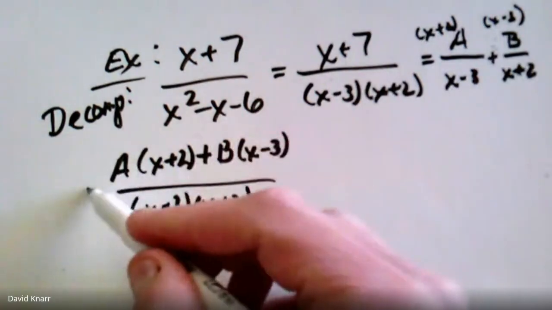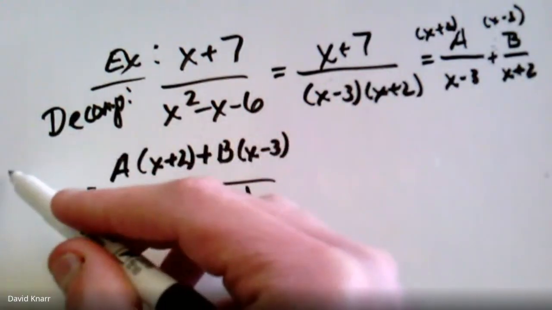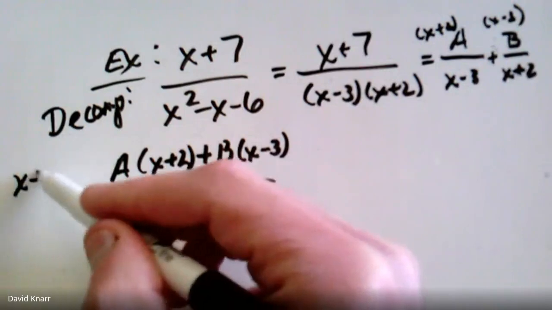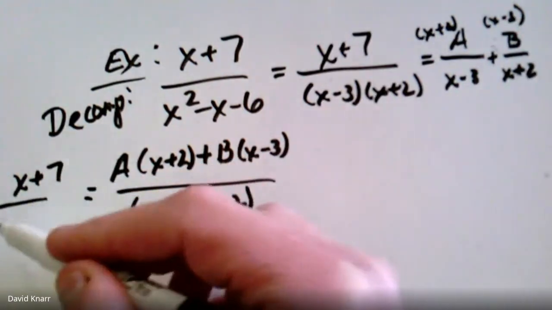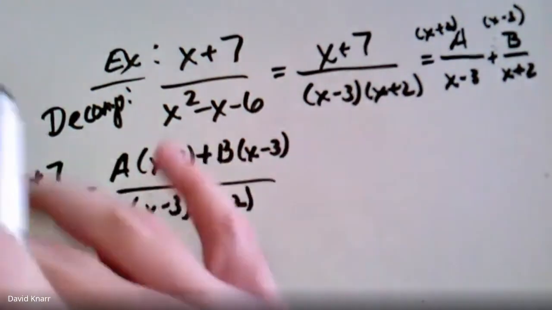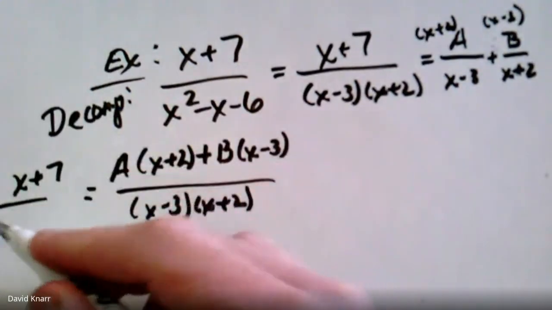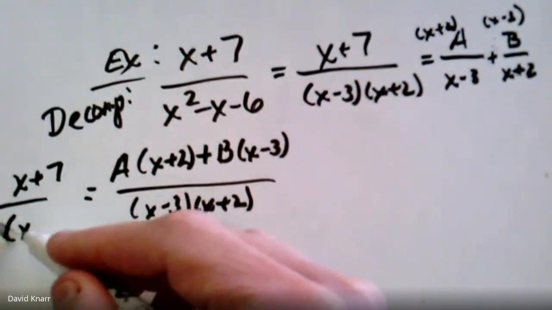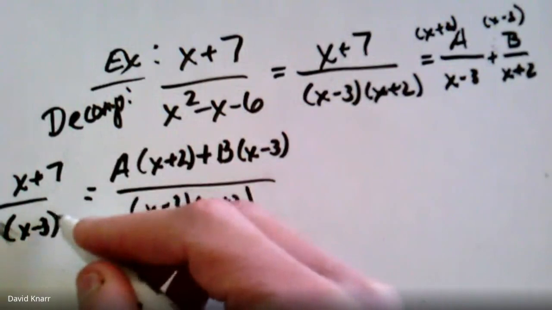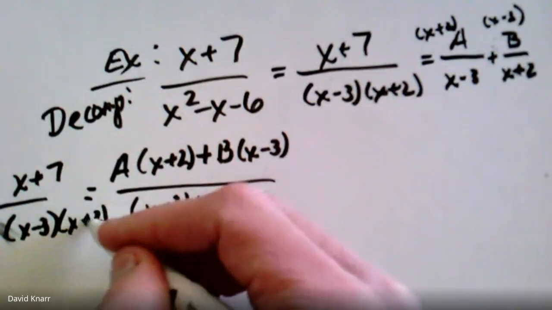Okay, that's my common denominator. And that's equal to x plus 7 over (x minus 3)(x plus 2).